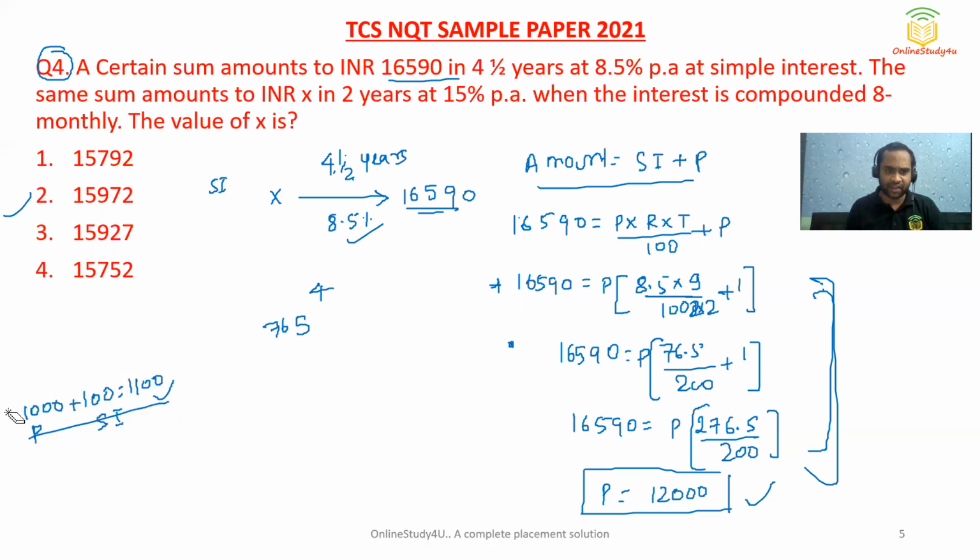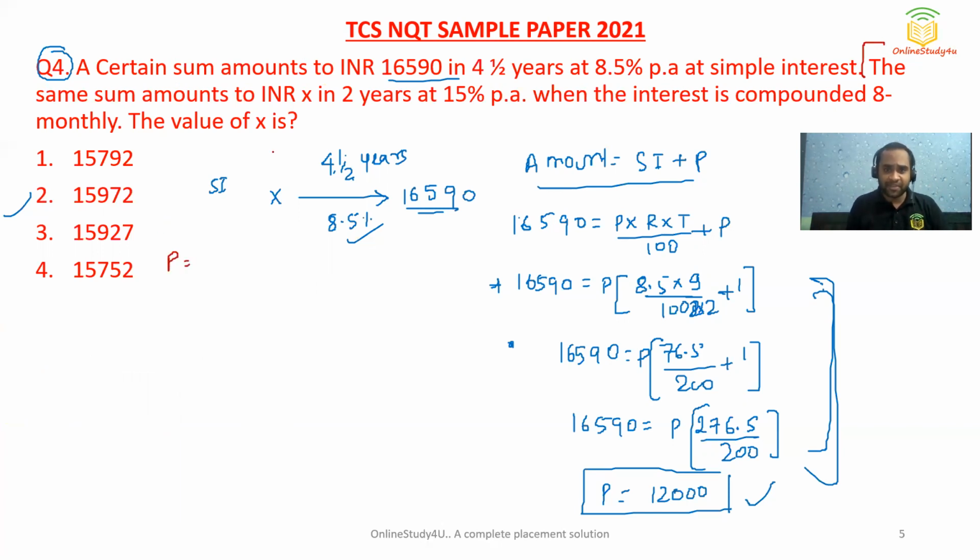Now let us read the question and try to solve it in the free space here. Now this is a very important thing which is coming into the picture. Till here nothing was there. Now the same sum, that means the same amount.